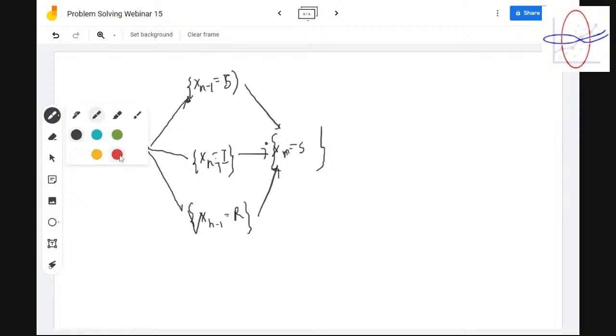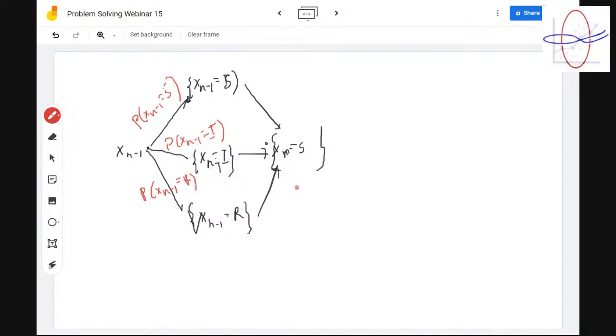If you remember the whole thing, this is probability X_{n-1} is equal to S, this is probability X_{n-1} is equal to I, this is probability X_{n-1} is equal to R. And this is a given, you know this information: X_n is equal to S given X_{n-1} is equal to R. This is the probability given that. Therefore, it's P_RS, this is P_IS, this is P_SS.